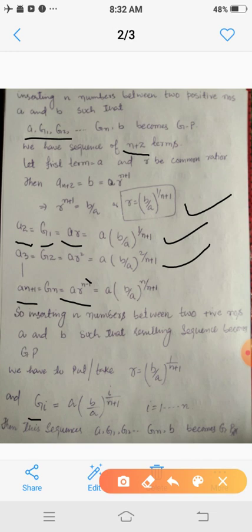So while inserting n numbers between any two numbers, we put those numbers as gi equals a into b by a raised to power i upon n plus 1, where n is the number of terms we are inserting.